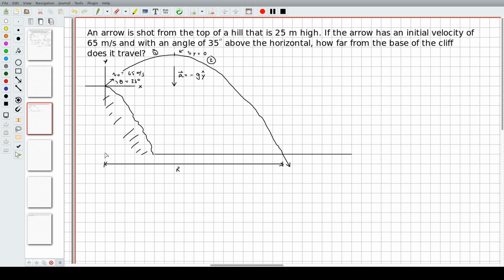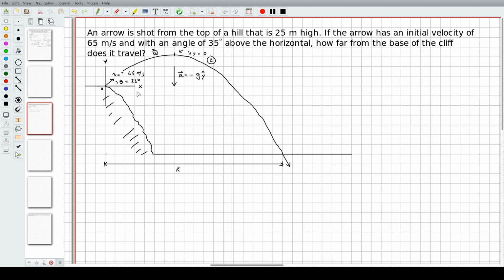Now, if we did know how far out this hill extended, then we could subtract that from the range, and that would give us how far away from the base. But like I said, we're just treating this as though it's a sheer drop. Okay, so I think that's pretty much all the information that we have.